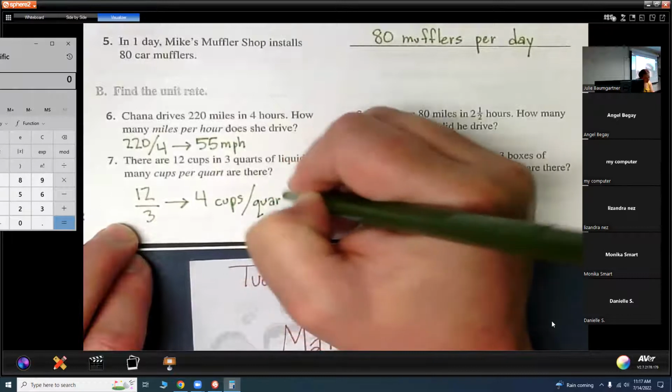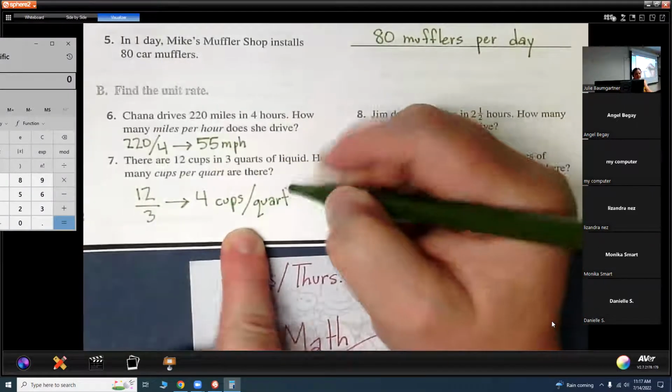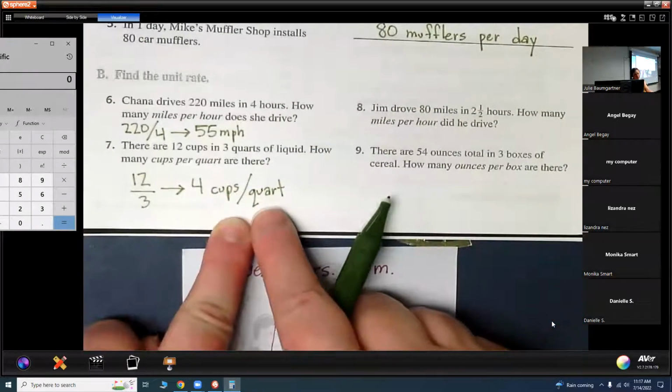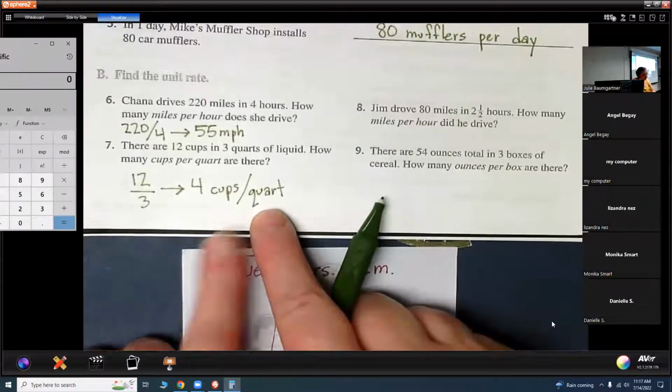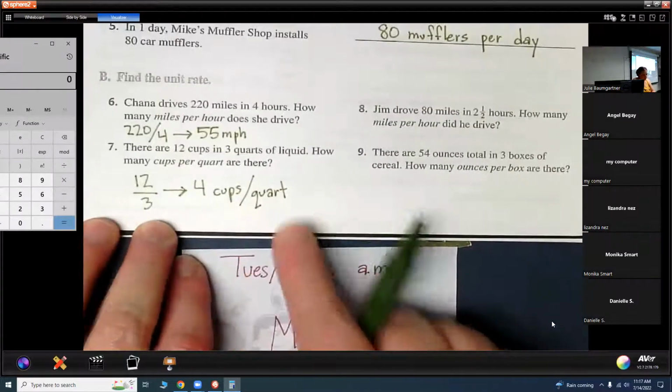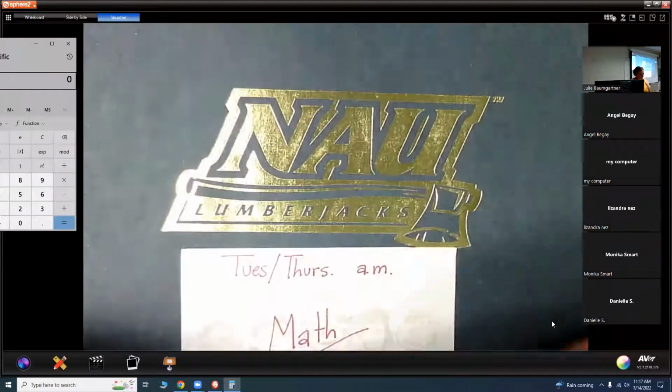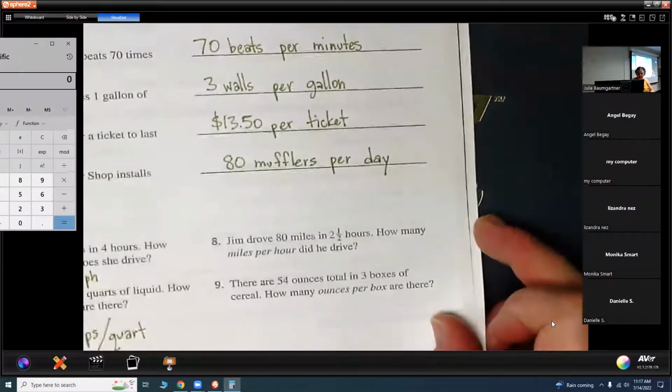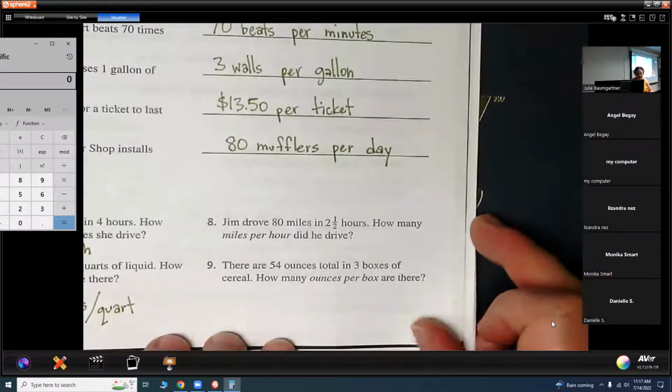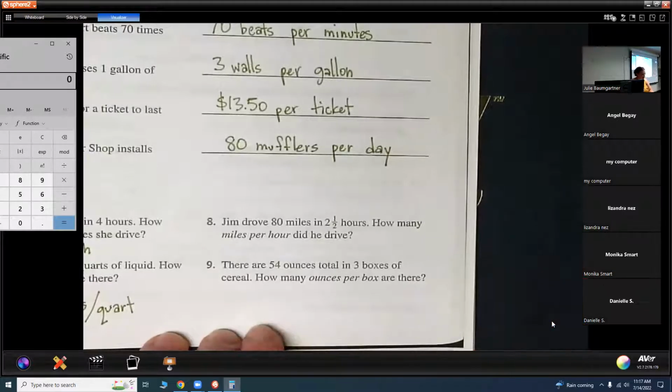The other way that we often represent rates is with the units written like a fraction, so cups per quart. Good. All right, Jim drove 80 miles in 2.5 hours. How many miles an hour did he drive? 32.